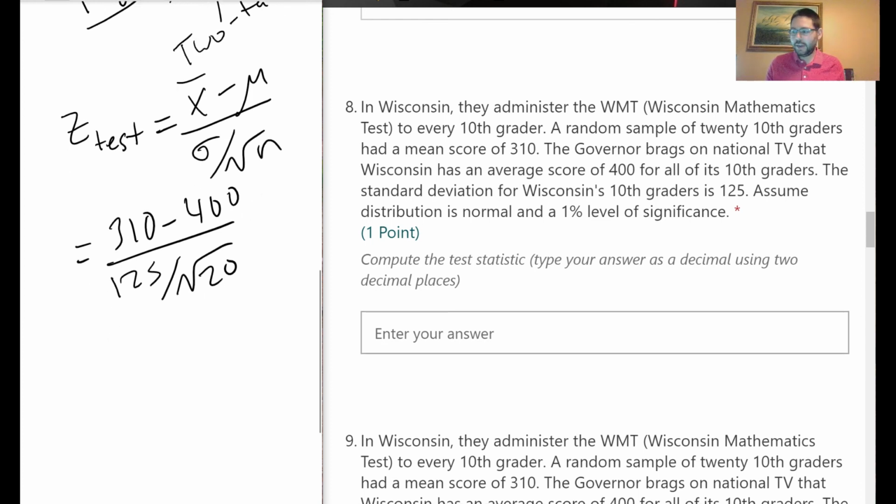So we're going to go ahead and do this on the calculator. So we got 310 minus 400 is negative 90, divided by that.